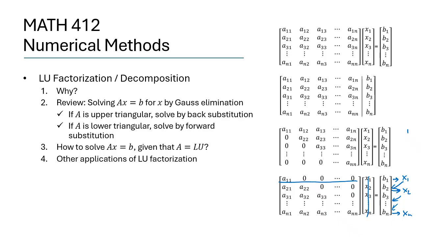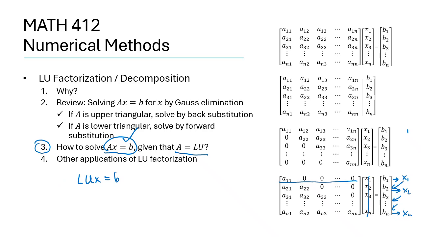Now we have this question: given that we already have an LU factorization, how to solve such a system? That system will be A x = b, with A = LU, so LUx = b. Solving such a system is equivalent to solving this one.